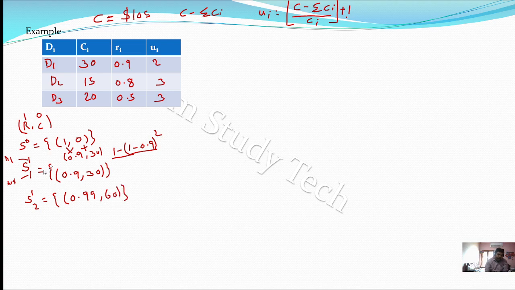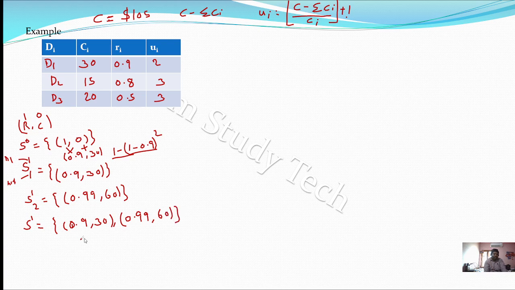Now we prepare S1 with 2 copies: 0.9 reliability with cost 30 for 1 copy, and the second copy of device 1 gives reliability 0.99, that means the reliability is improved from 0.9 to 0.99, with cost 60.